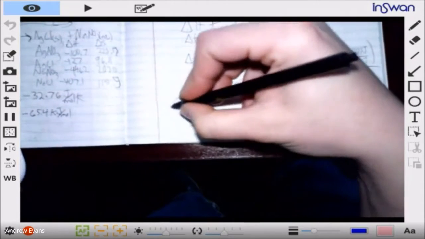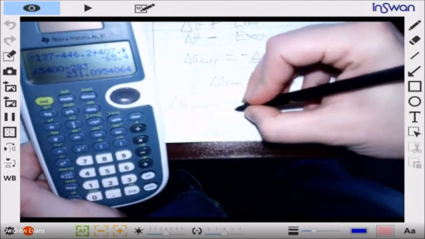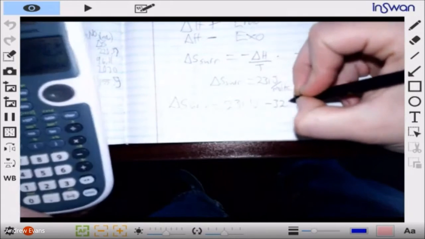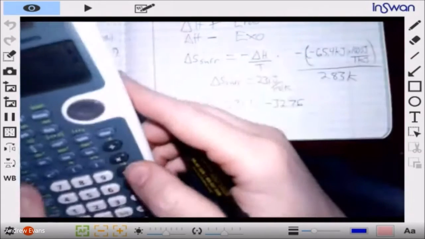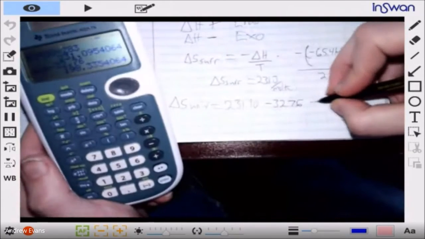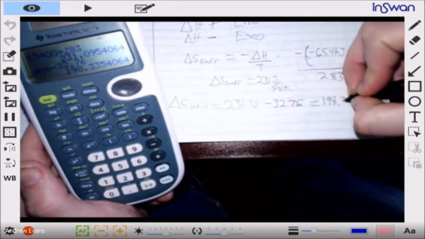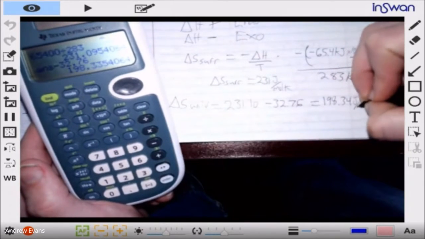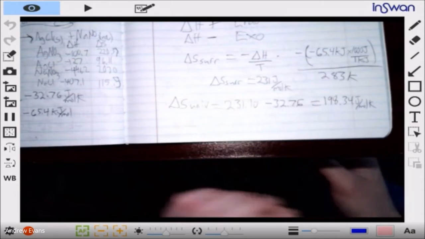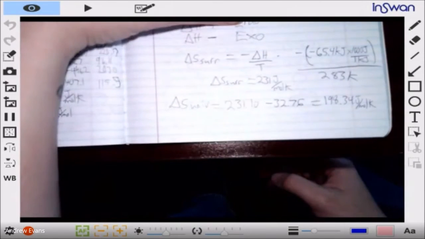So the delta S of the universe, putting it both together, is, let's say, 231.10 minus 32.76. We have a net effect of 198.34 joules per mole Kelvin. So the entropy of the universe does indeed go up. Go up by a ton, but it does indeed go up.